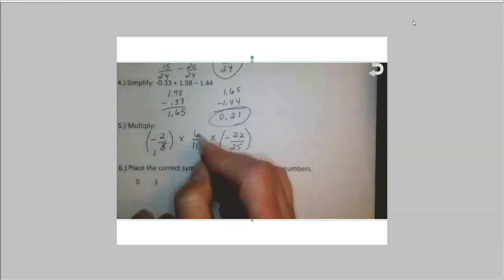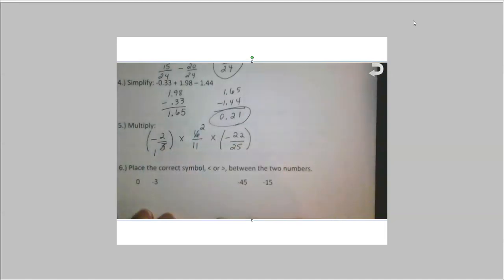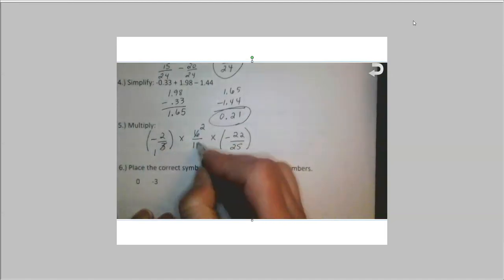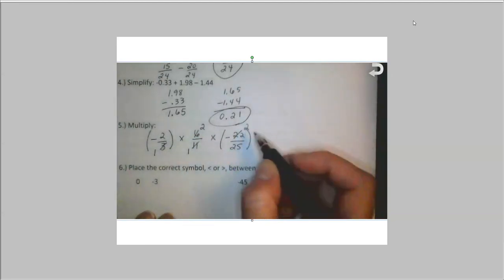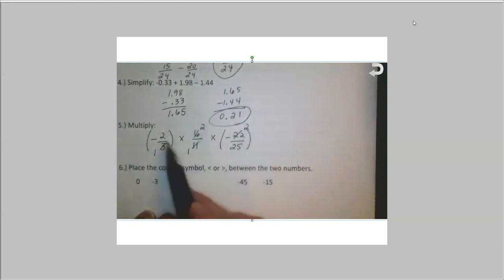It'll go into 3 one time and into 6 2 times. 11 will divide into itself once and into 22 2 times. So just reducing diagonally, I've got numbers that would be easier for me to multiply together and perhaps may not even be needed any further reducing in the end.